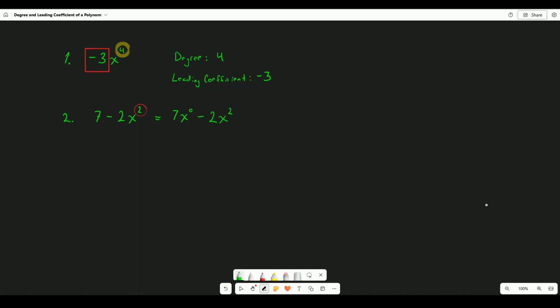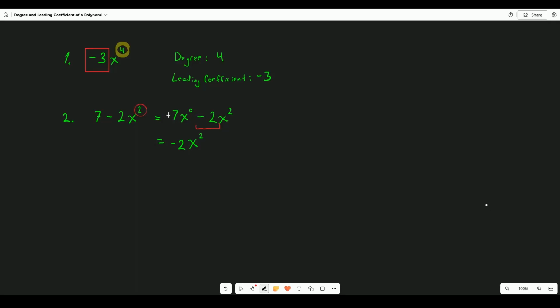So now, let's reorganize though. Let me put them in decreasing degree. So x squared is the highest degree we have, but the coefficient next to it is a -2. So we're going to put -2 out in front like here. And then this 7 right here, is it positive or negative? It's a positive 7, right?